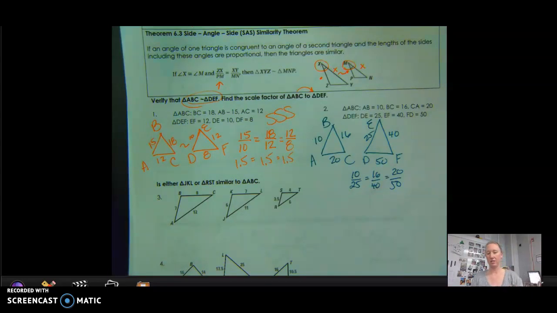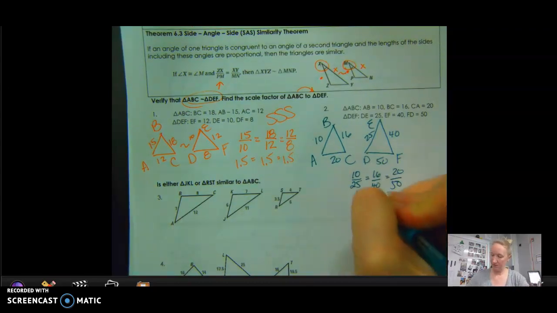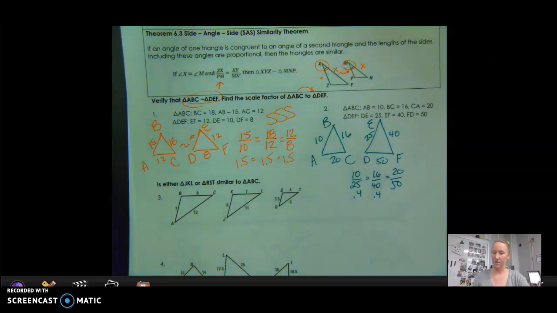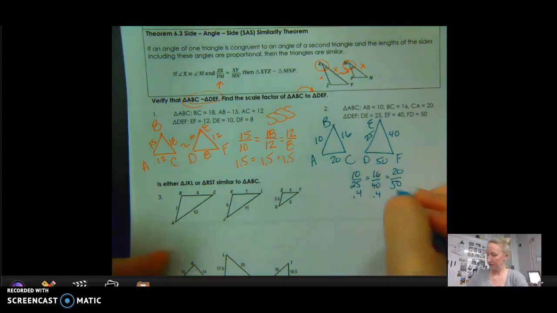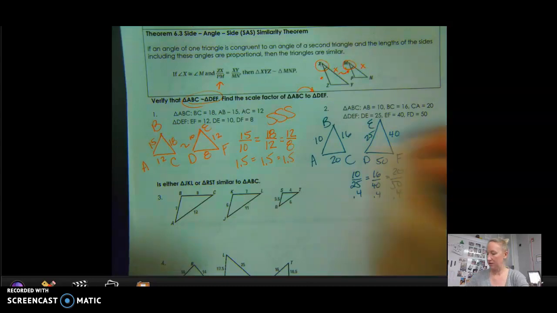Again, I'm going to turn each of those ratios into decimals. 0.4, 0.4, and that one's 0.4. Just do the math to make sure. So since they are all equal, these are similar by side, side, side.